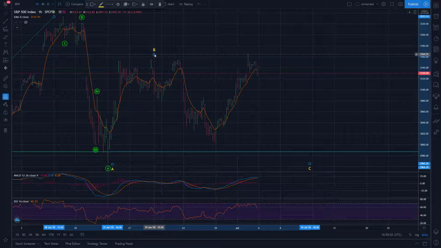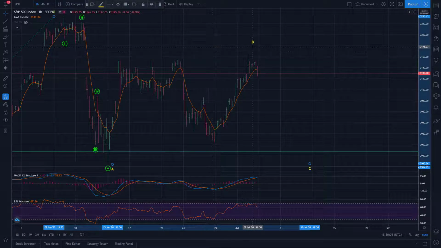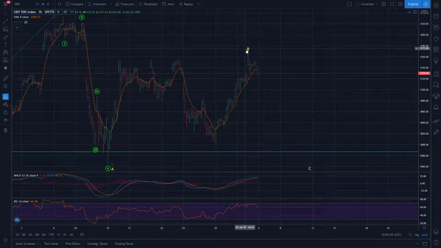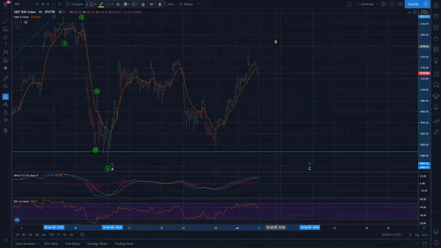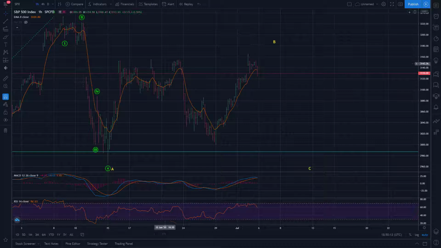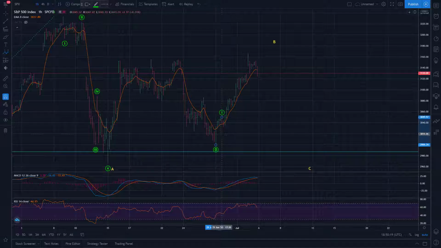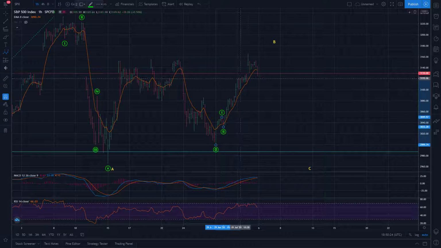So let's just relabel this. Let's just call this now, that may very well have been the B wave peak there on Friday. I'm not that convinced. I suspect we get one little more pop up here, and the reason for that is just looking at the shorter term wave structure. I suspect you got a 1, 2, then you got 1, 2, 3. This is probably all of that 3, I'm suspecting.